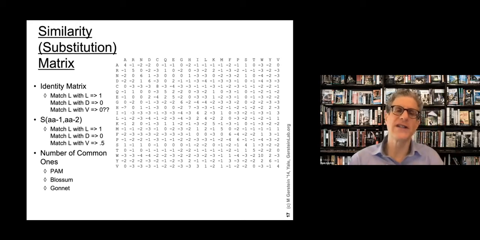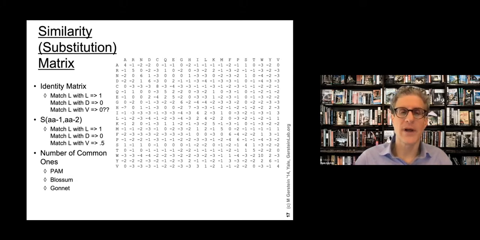But we could say it's actually better, when you're matching, to match amino acids which are more similar to each other, say leucine with leucine, than matching a leucine with a charged residue. Let me say a little more on that.